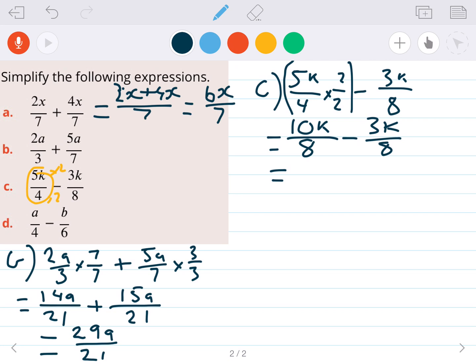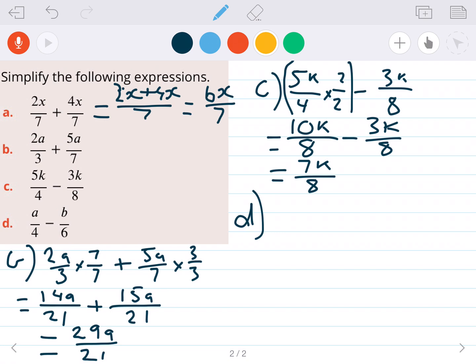So 10 minus 3 is 7, so that gives 7k over 8. Finally, we're looking at a over 4. We're having a look at a over 4 minus b over 6.